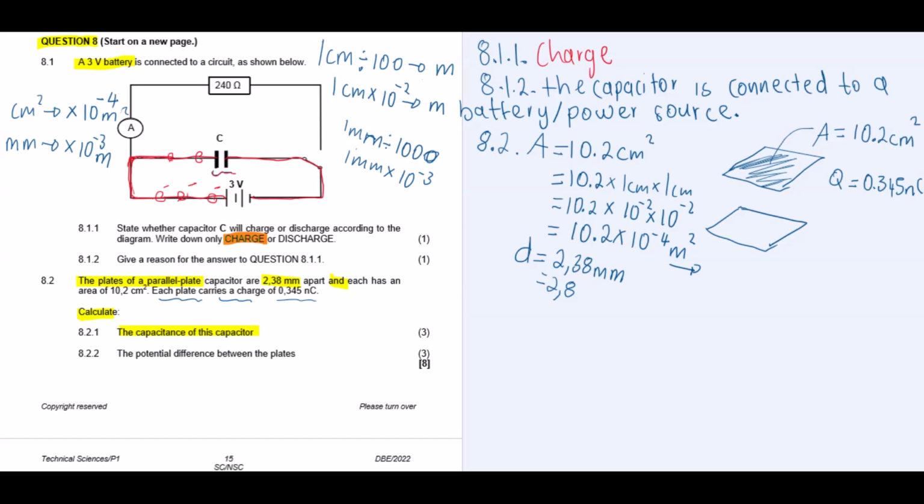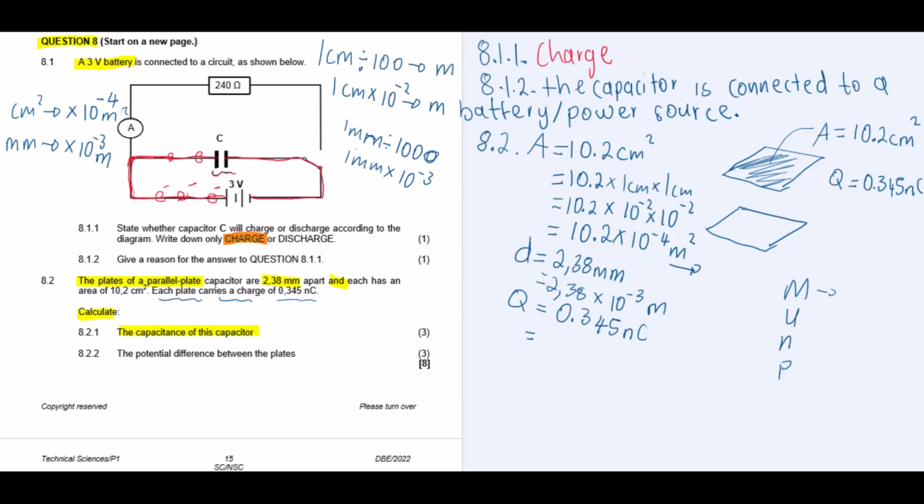Right, so let me write this down nicely: 2.38 times 10 to the power of negative 3. This is in meters now, the distance. And then do we have the charge? Yes, we do have the charge, which is 0.345 nanocoulombs.